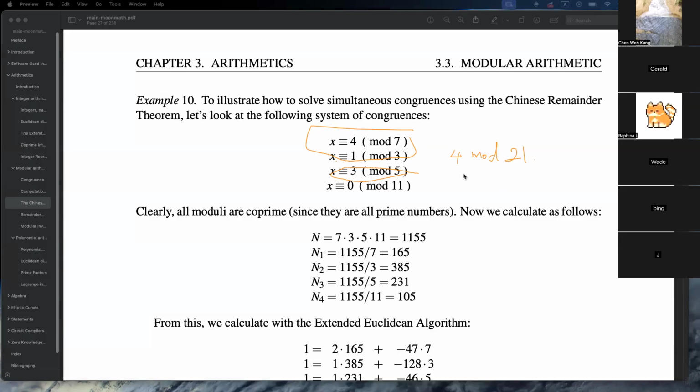Now let's find something that is also... sorry, this is a bit confusing, let me remove this. We found 4 here. Since we found 4, we want to find something that satisfies this and also x congruent to 3 mod 5.